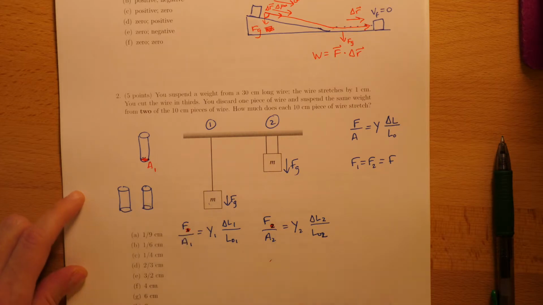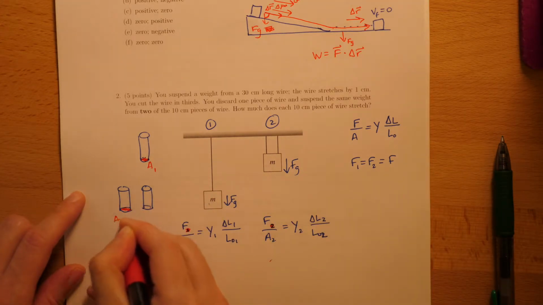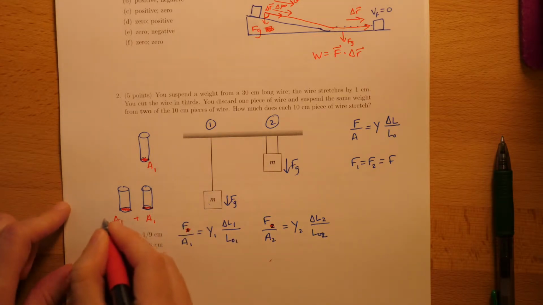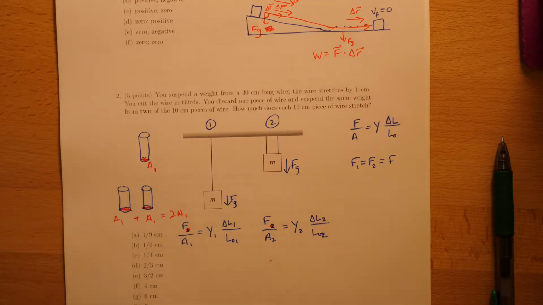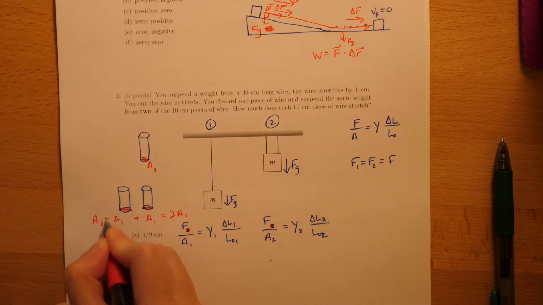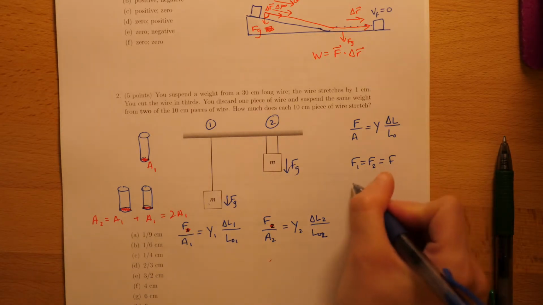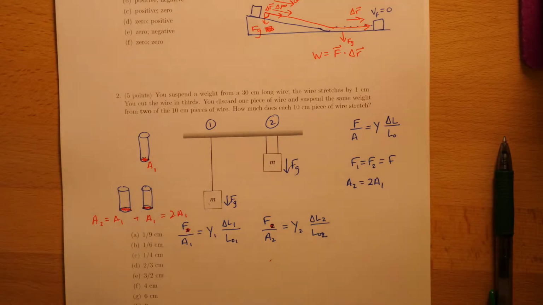So the total cross-sectional area is A1 plus A1, which is equal to 2A1. And that's our A2. Okay, so now we know that A2 equals 2A1.